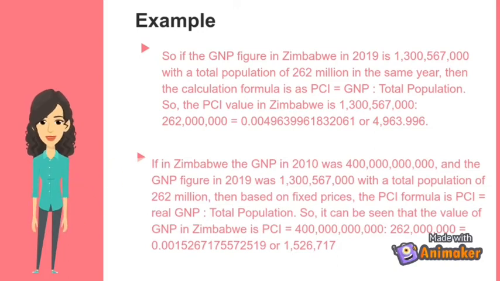So, PCI equals 400 billion per 262 million equals 0.0015267175572519 or 1,526,717. From these data, we can conclude that the nominal PCI in Zimbabwe.